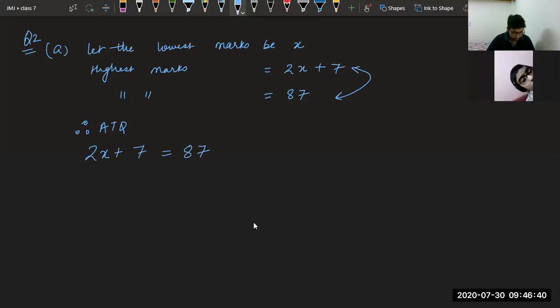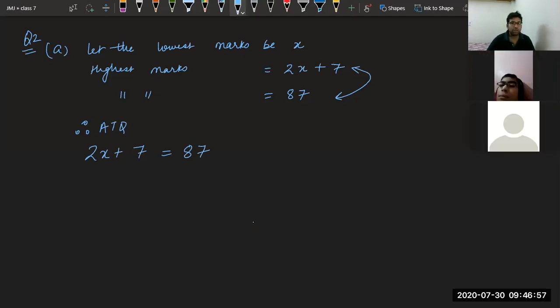This is the equation, and solving it is very easy because we know, Ashmit, y minus 7, beta, plus 7 hai na? They are adding 7. This is similar to question 1 and 2 parts we have already done. Now let's solve it. We will have 2x is equal to 87 minus 7.